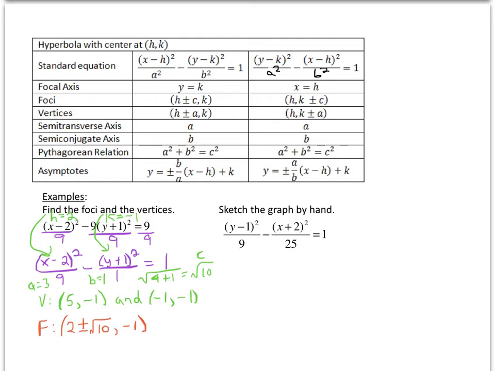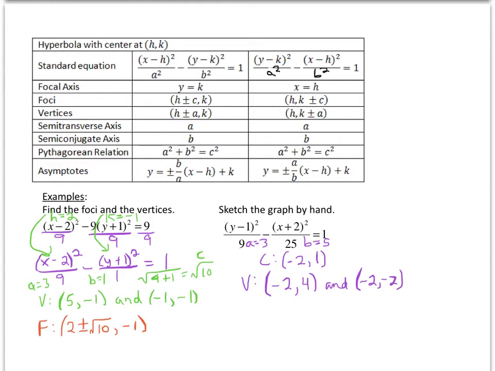Now let's sketch this by hand over here. So we want to do, our center point is important. It's negative 2, comma 1. a would be 3, b would be 5. We don't necessarily have to find our vertices, but we might as well. Our vertices are going to be h, comma, so h is negative 2, negative 2, comma 1 plus a, which is 4, and negative 2, comma 1 minus 3, which is negative 2.